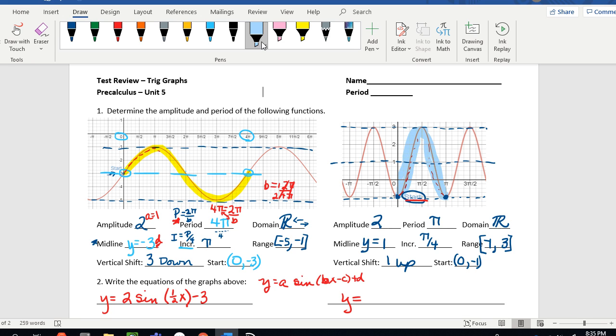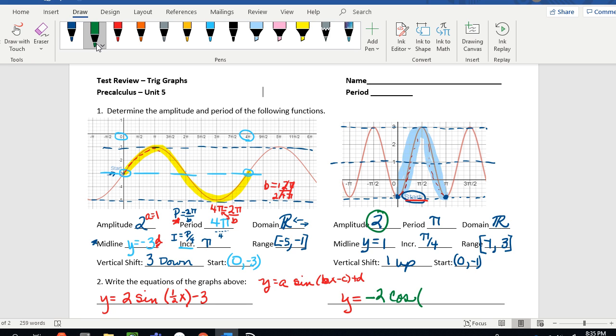Very hard to stay on line with this, but you get the idea. If this were a cup, it would dump the water out. So that means that it is a negative amplitude. This is your amplitude. It is positive, but it's going to be the negative amplitude of cosine, not sine. Everything else stays the same.